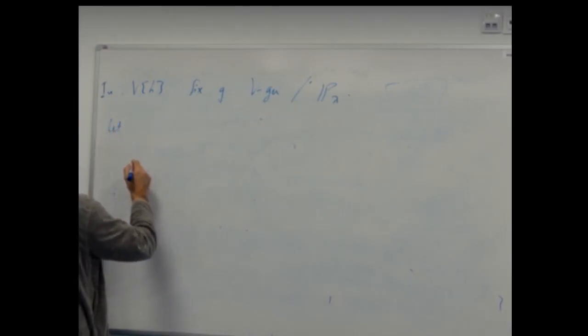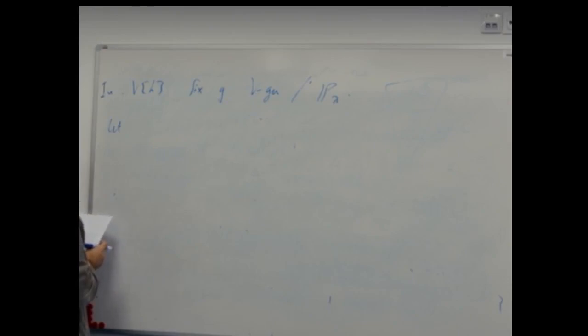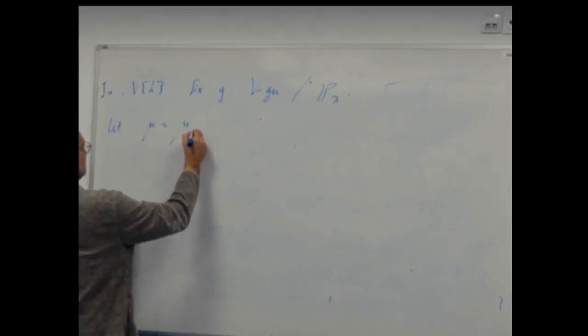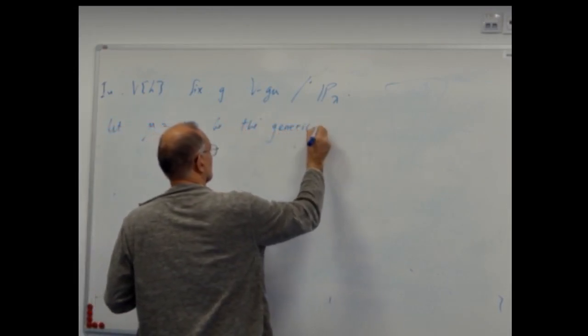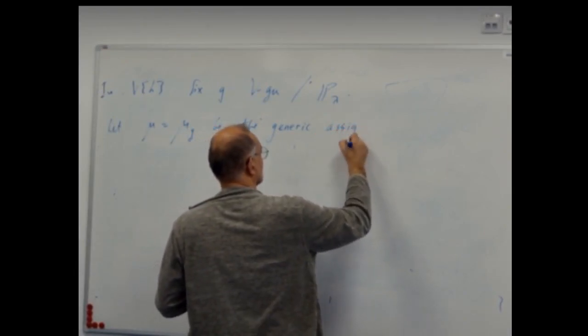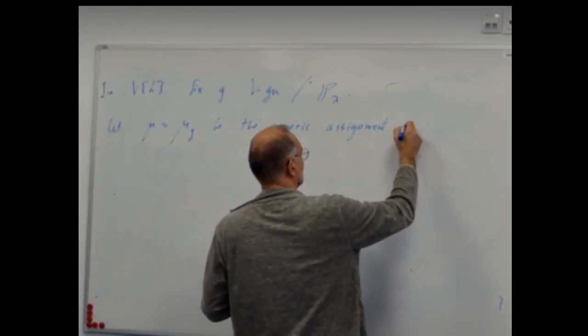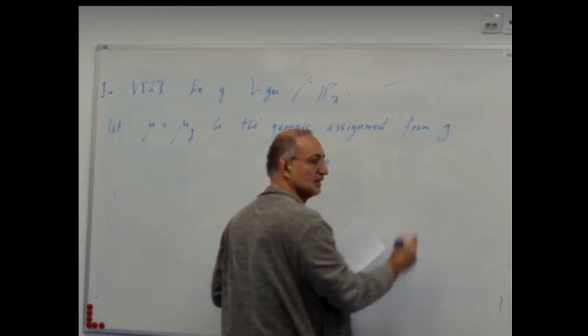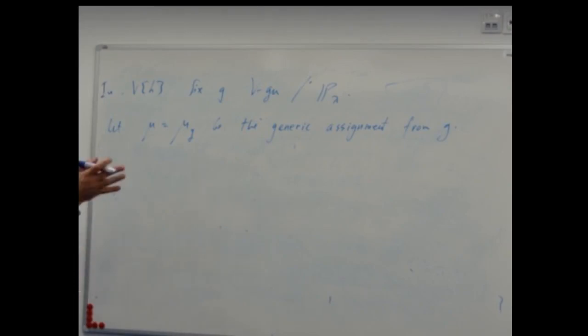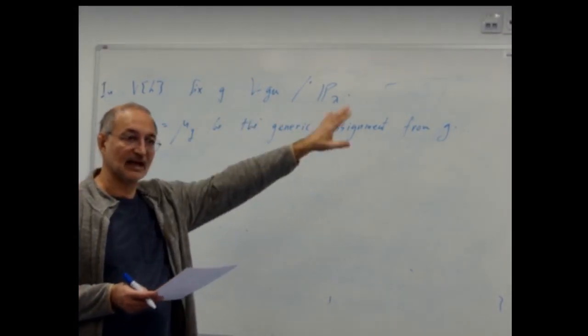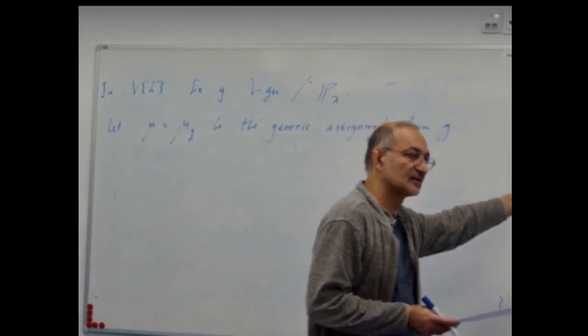Let mu, which is actually mu G, be the generic assignment that we read from G. G is a generic, but there are two parts, the models and the working part. Just keep the working part that gives you a total assignment. Well, it gives you some assignment that satisfies the formula. I'll just call it mu because there won't be any other. And we're going to apply our AS consistency to this mu.